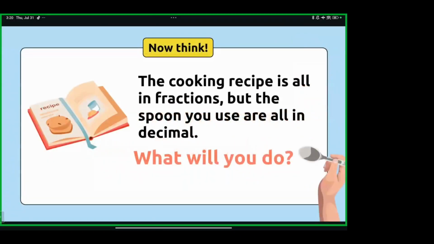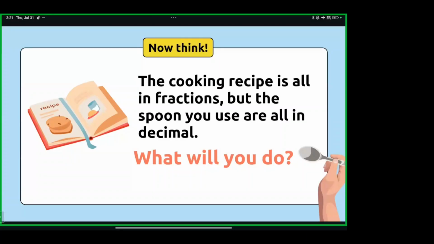Imagine the recipe uses a fraction, but your measuring spoon shows a decimal. What will you do? We change it, Miss. Okay, you're so smart. That's correct. We need to change the fraction into a decimal.